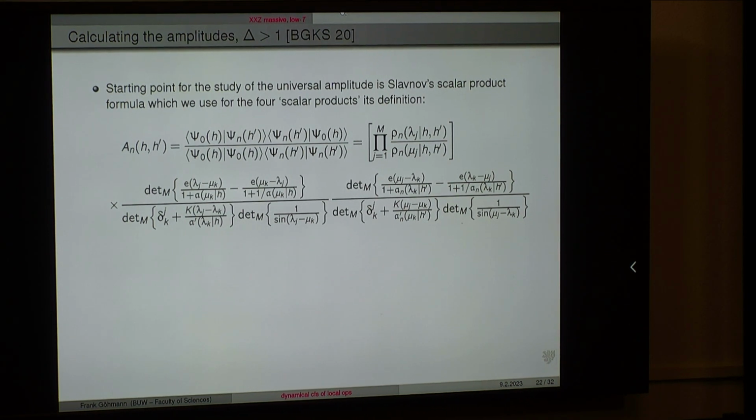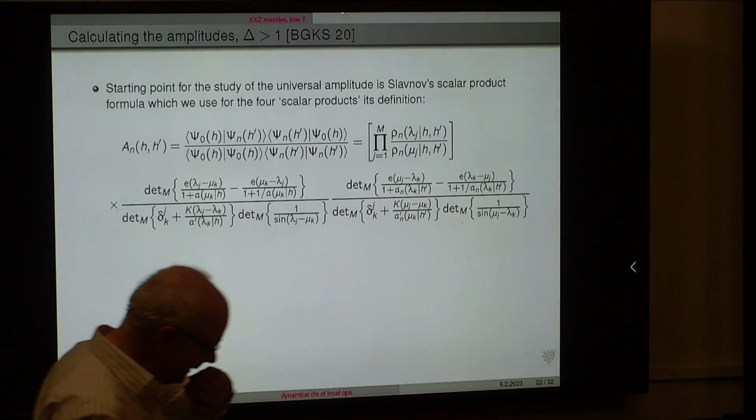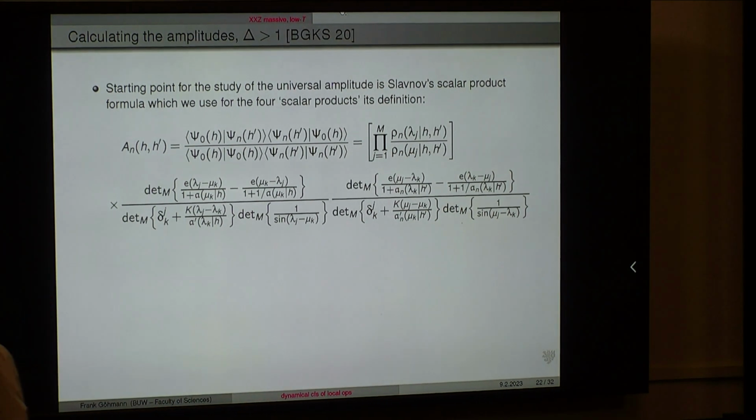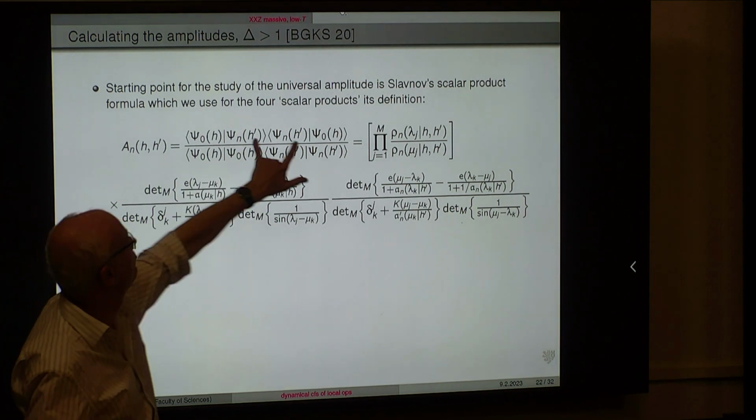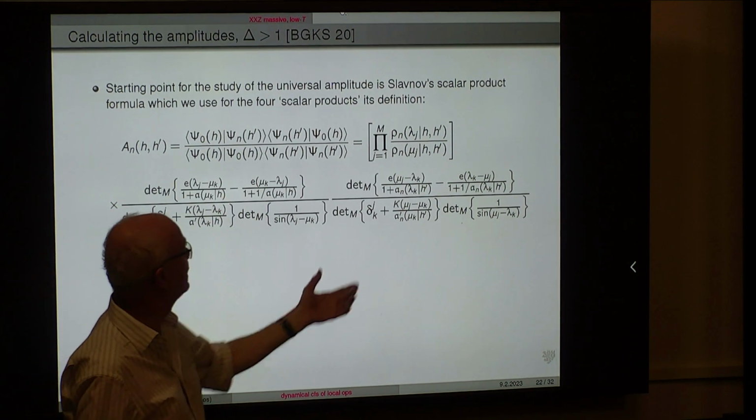Let's go to the calculation of the amplitudes. For the amplitudes, I don't have nice functional equations. So the amplitudes were calculated by Bethe ansatz so far. In a sense they are very simple elementary objects. Such objects have been studied not only by us, also by others. By Bethe ansatz, there is this scalar product formula of Slavnov. So you have 4 scalar products. You apply this 4 times.